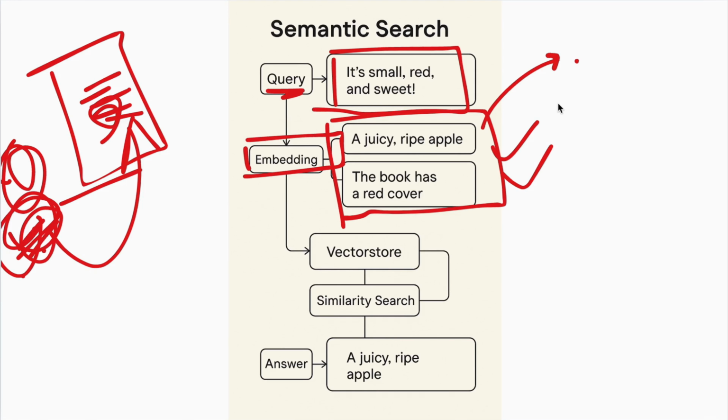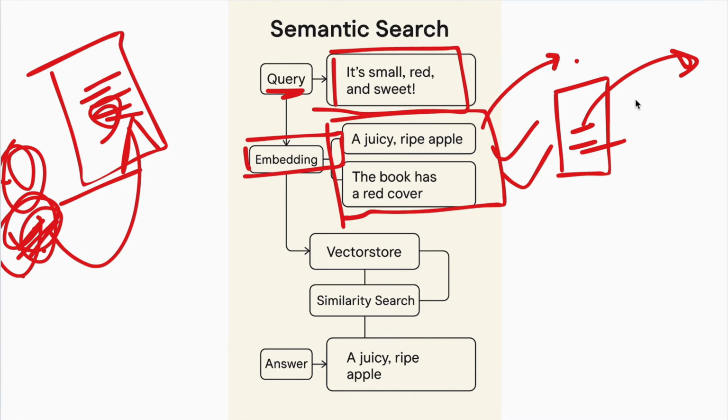Then we have to store these embeddings somewhere, right? So that whenever we need anything, we can retrieve it efficiently.